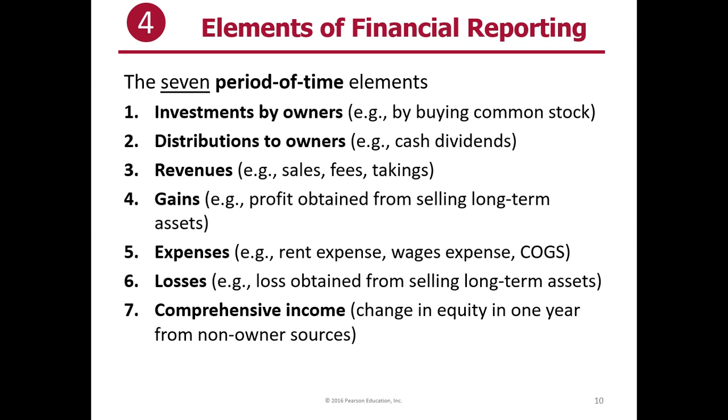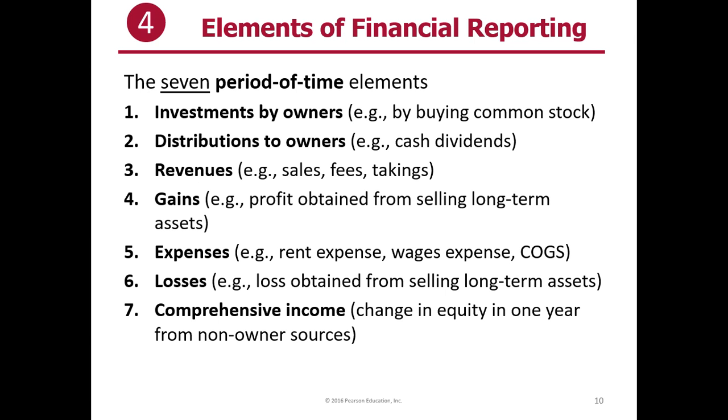These items are not necessarily all there. It's not necessary that gains are there because the company has not sold any long-term asset this year. So there is no gains, but the gains item will be there. It will be reported as zero. Losses, they have not sold anything this year, so losses will be reported as zero.